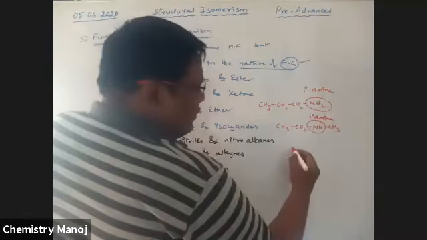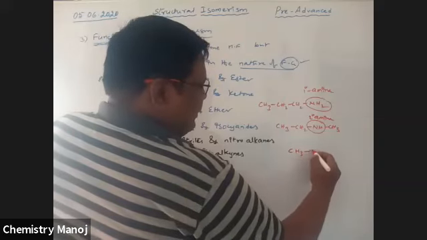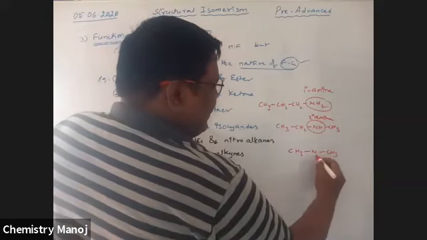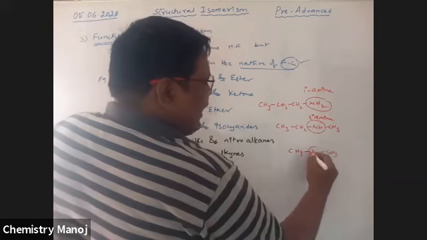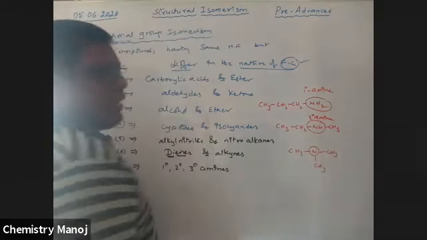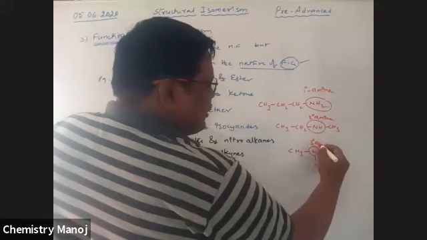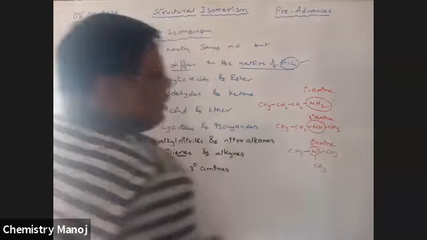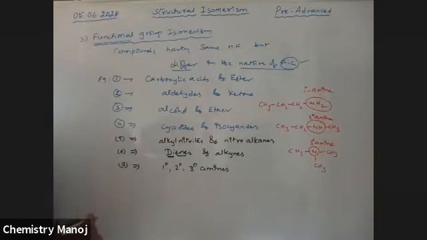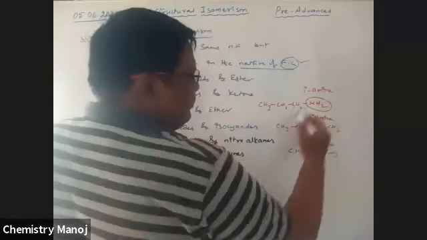Next, CH3-N(CH3)-CH3. Here only nitrogen exists with three carbons attached, therefore it is an example of a tertiary amine. Okay.